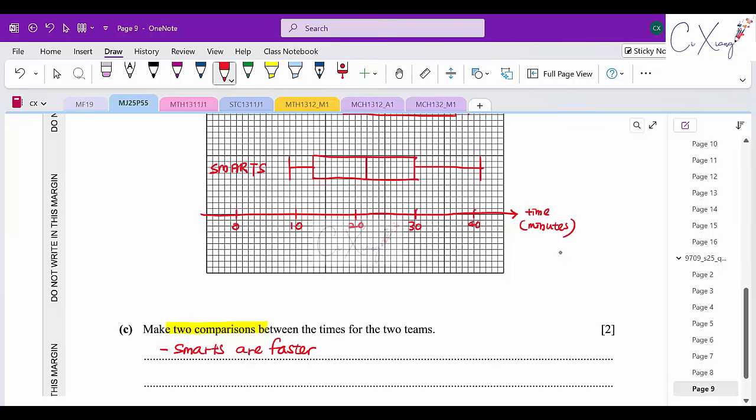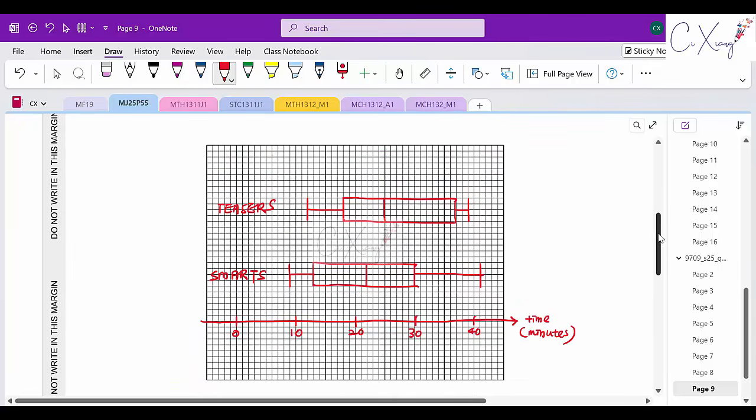Overall, it is on the left compared with the other group. Therefore, the Smarts team are faster. And for your information, this is basically the comparison on central tendency, when they're talking about the mean or the average tendency.